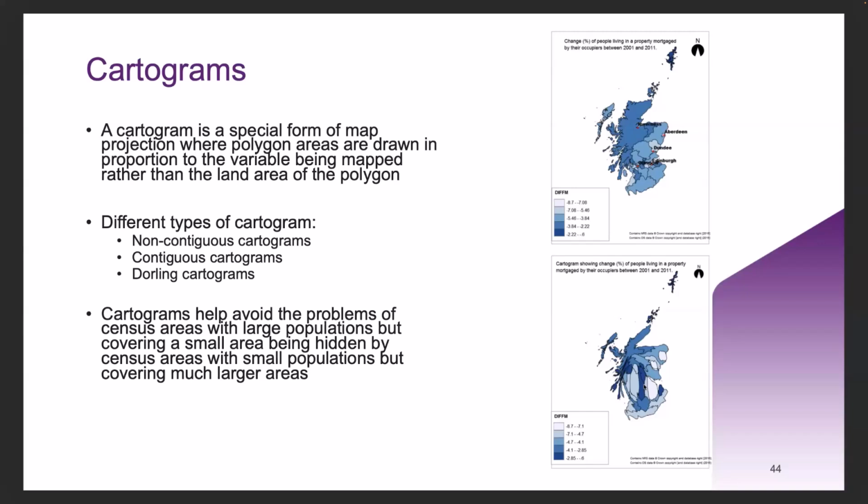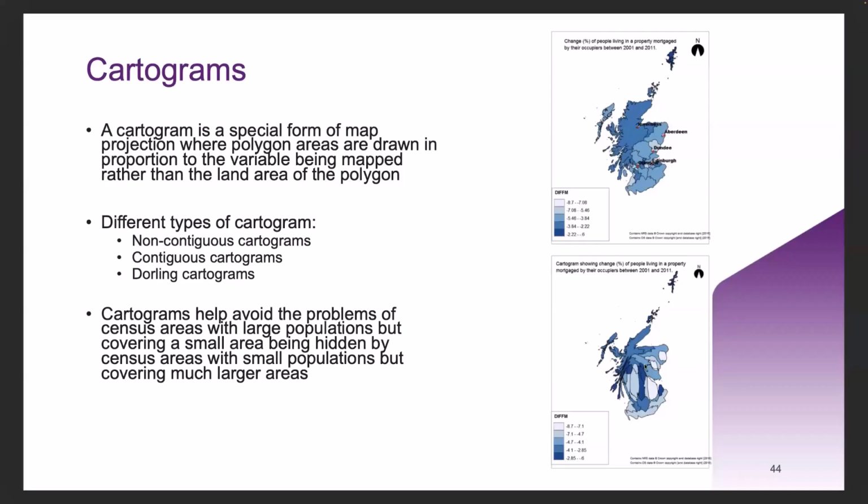And so you end up with something on the bottom here, where the underlying polygons have been distorted, and these large central belt polygons have essentially ballooned up and become a lot bigger, whereas the Highlands and Islands, which have lower populations, have been distorted less. And it's a different way of viewing the data.